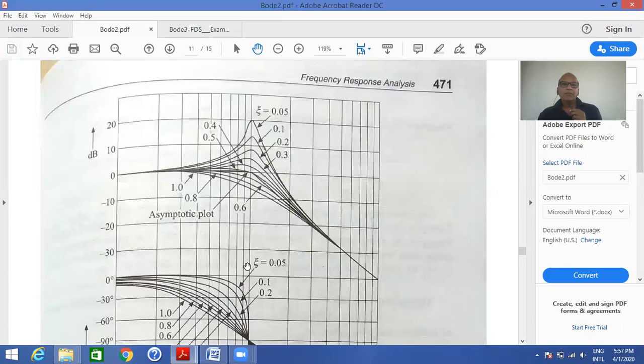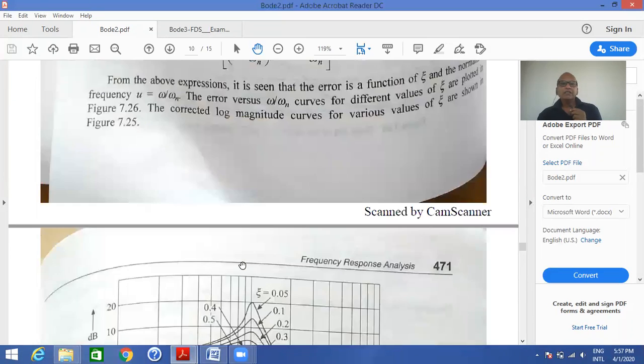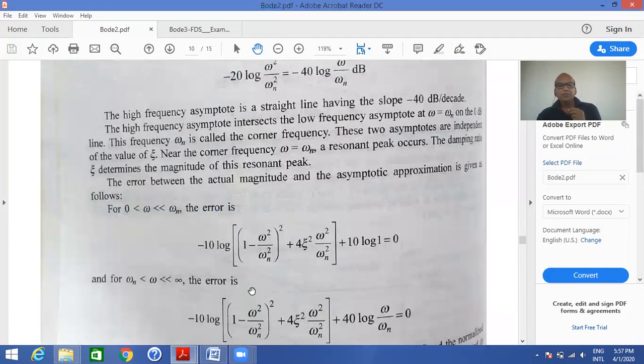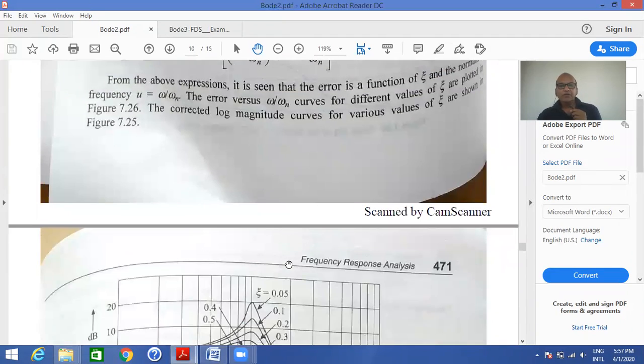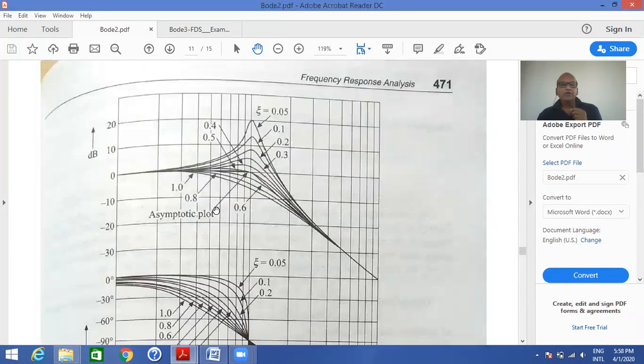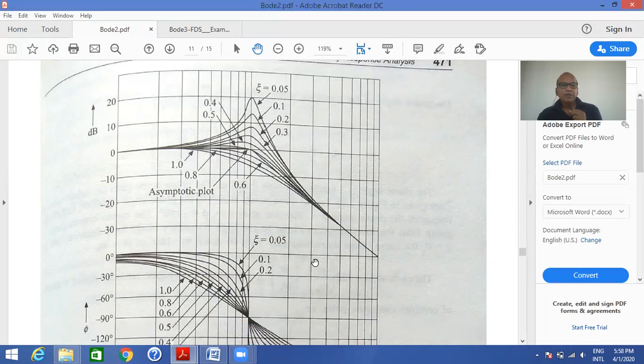This is the plot for different values of zeta between 0 and 1, say zeta equal to 0.05, 0.1, 0.2, 0.3. As the value of zeta increases towards 1, the magnitude decreases. The slope is minus 40 dB per decade.